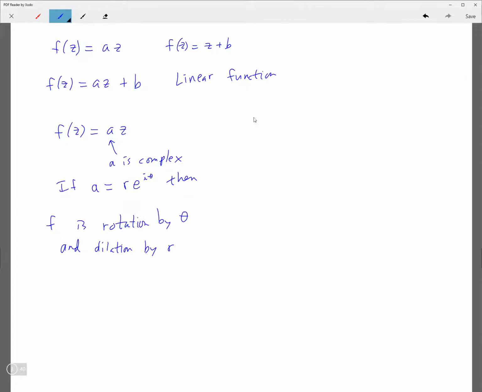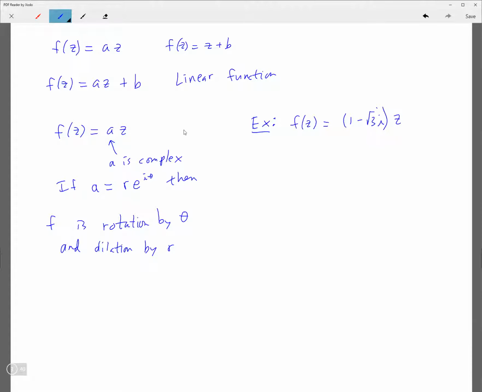Okay, so let me give you an example to see what I mean. So suppose we have 1 minus root 3 i times z. Okay, and we'll explore what that does.